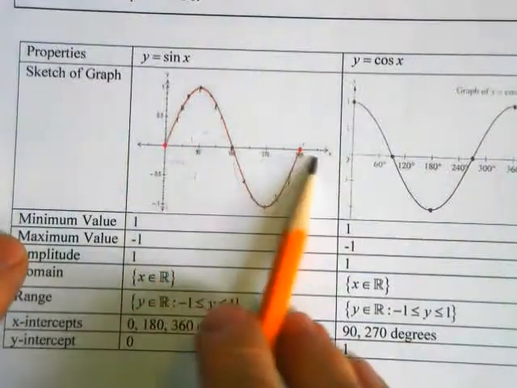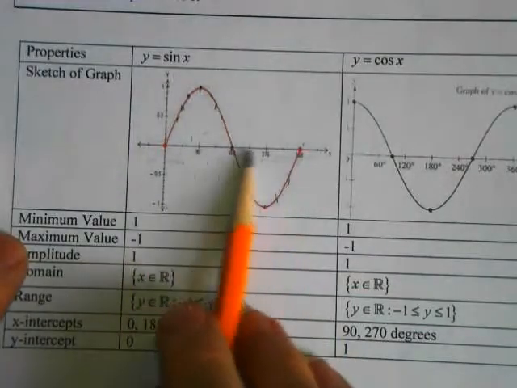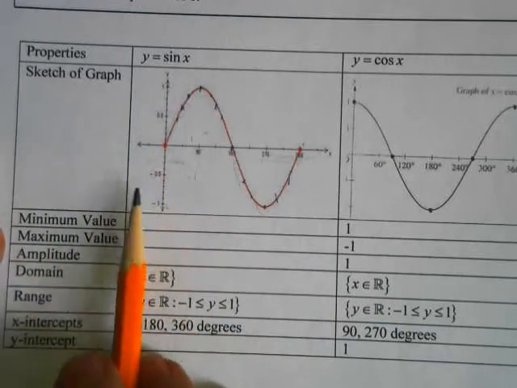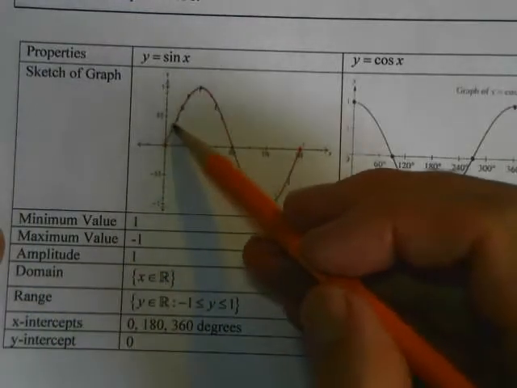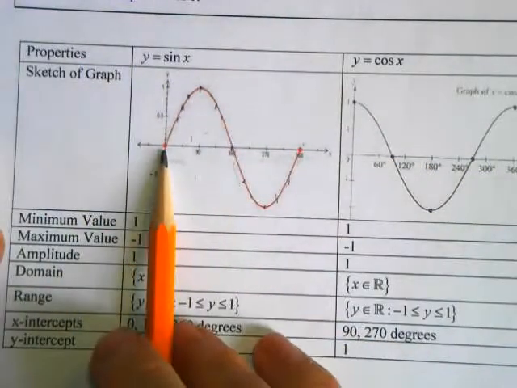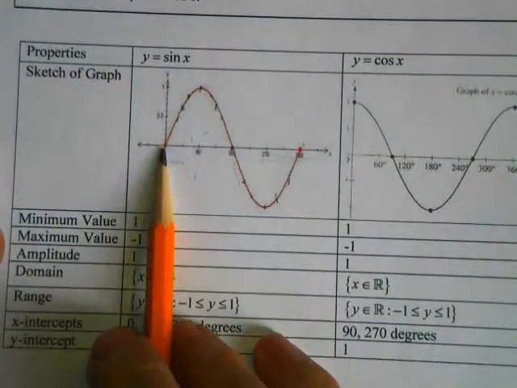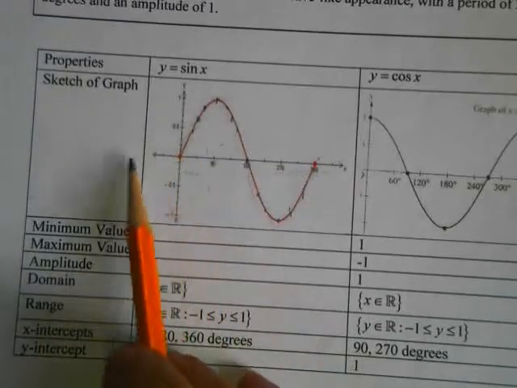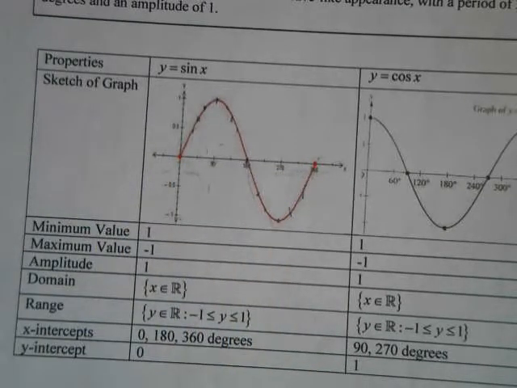So this is one complete cycle of sine x because it does repeat itself. You could also go with negative angles for theta and see that this graph would continue nicely flowing from where it left off on the left end. So it does continue infinitely in both directions if you were to plot some more angles to get your points.